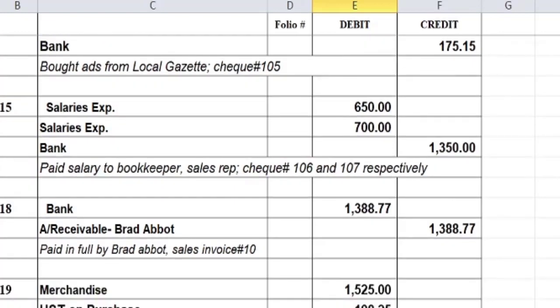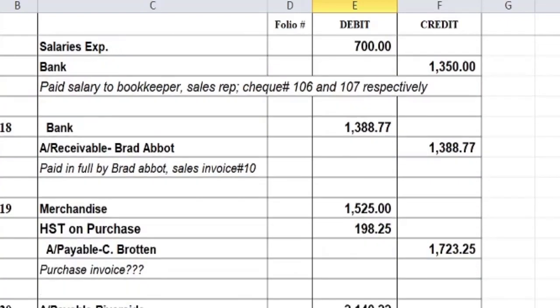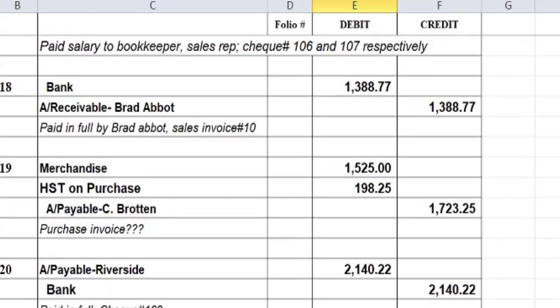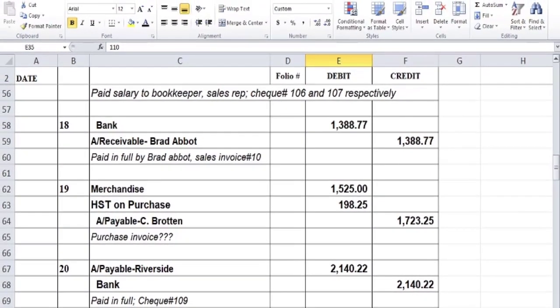Bank debit of 1,388.77, and credit accounts receivable for 1,388.77. I have a question, but they didn't say if it is cash or check. How can I understand that I should use the bank account for that?